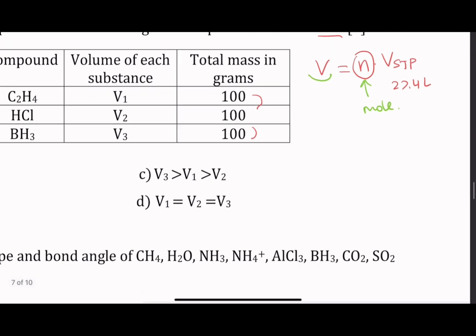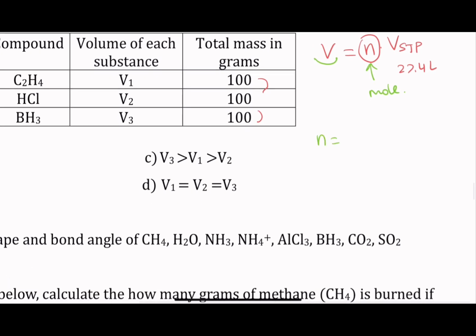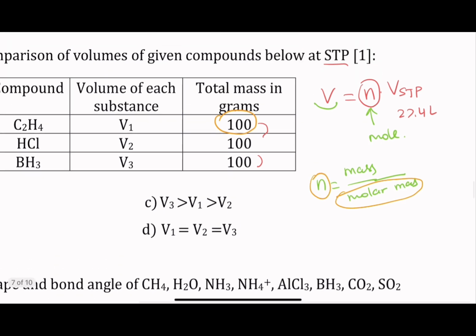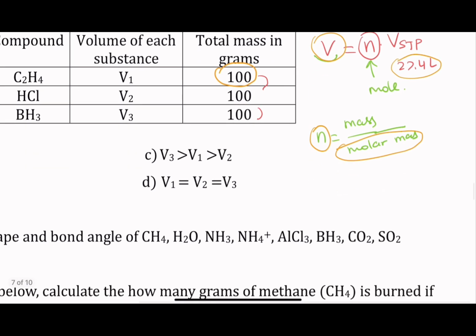To get the mole, we need to get it from the mass divided by the molar mass, and we'll get the mole amount. Then we multiply that mole amount by 22.4 and we'll get the V. As you see, mass will give us the moles, and from moles we'll get the volume.